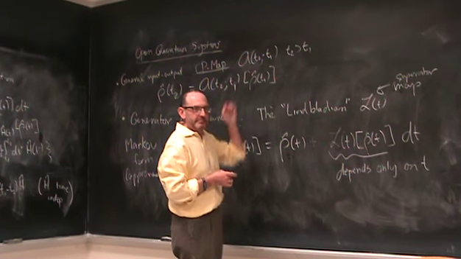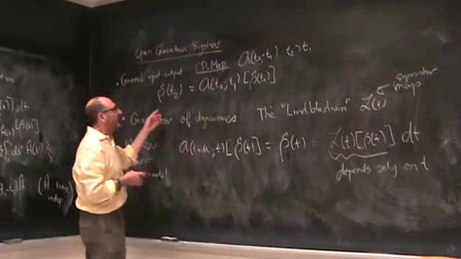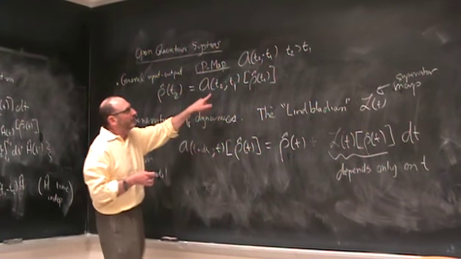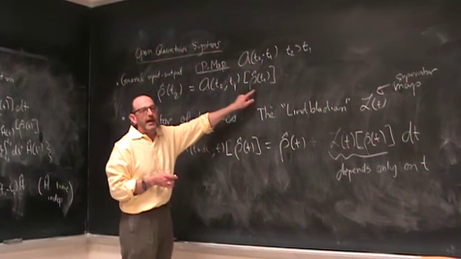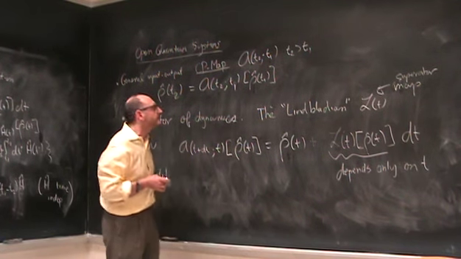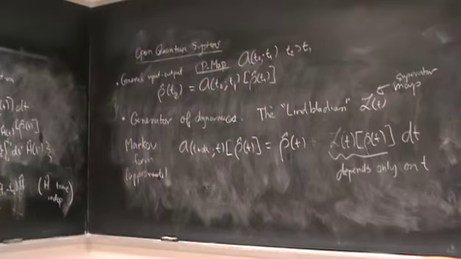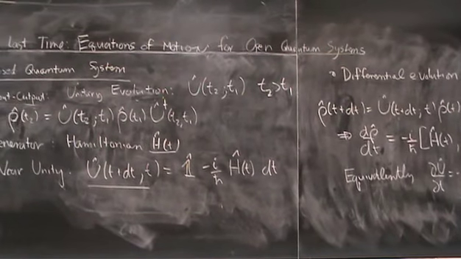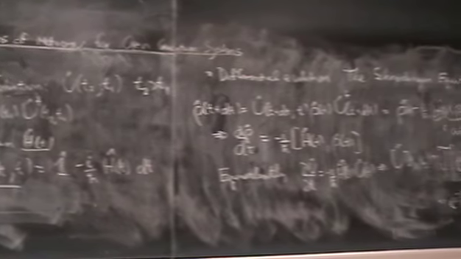That's the map. So the state at some time t2 greater than t1 is whatever this map is, acting on the state at time t1. Okay? So now we're looking for the generator of the dynamics. And this is where the story comes in.